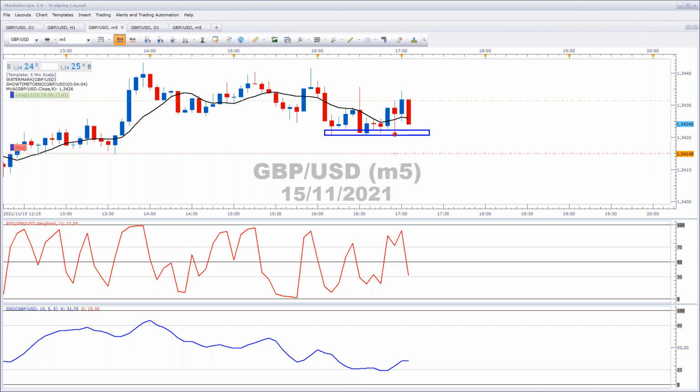I think that there's most certainly going to be a rate hike in December, one would think.